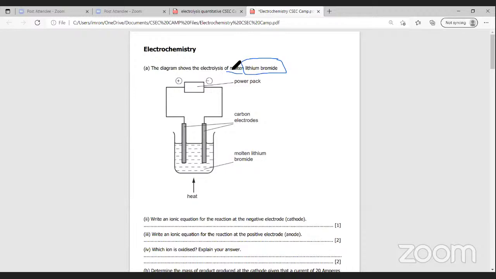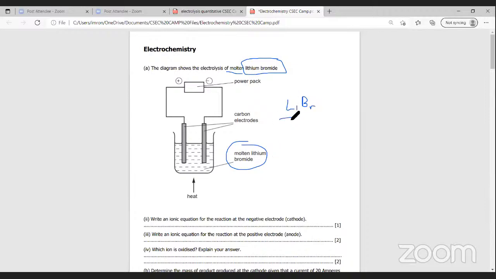It's molten lithium bromide. Pay attention to the electrolyte. Molten essentially means melted, in a liquid state. So there are no aqueous ions. It is just LiBr.